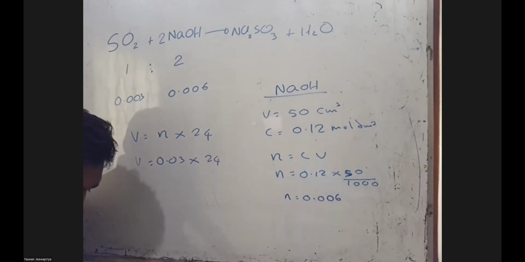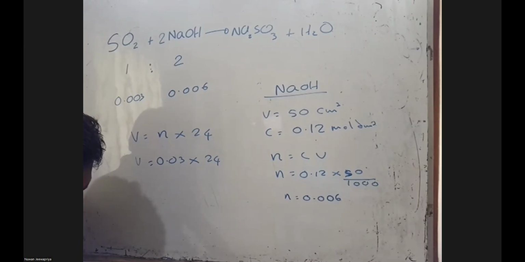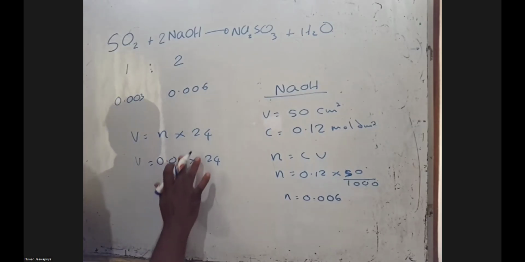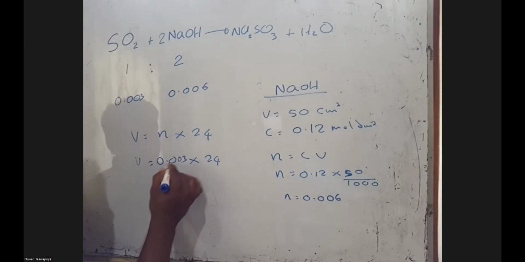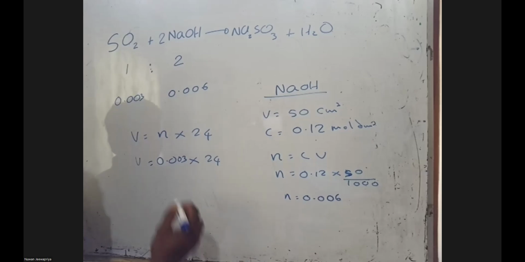So 0.003 multiplied by 24, the answer is 0.072.